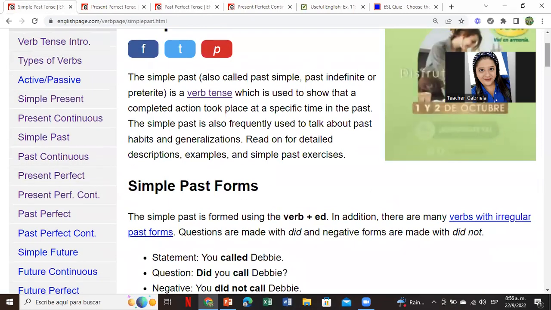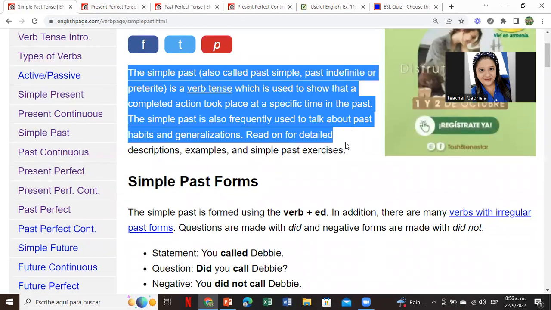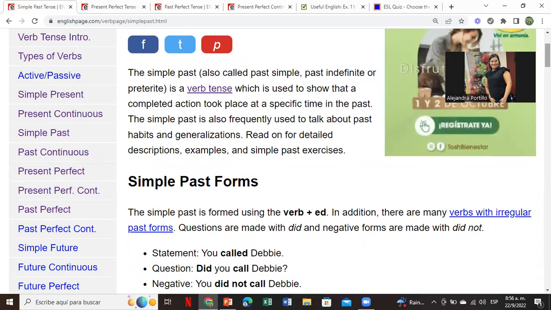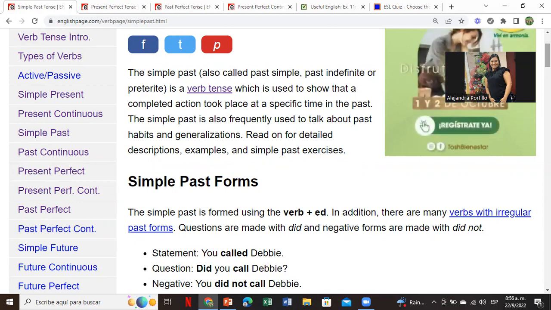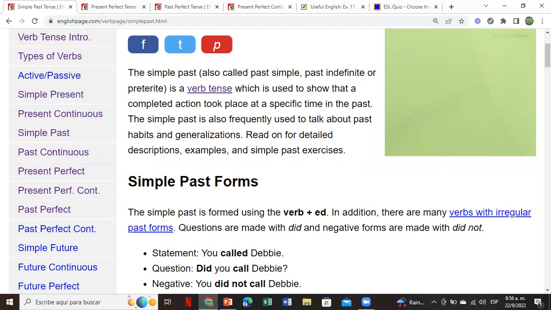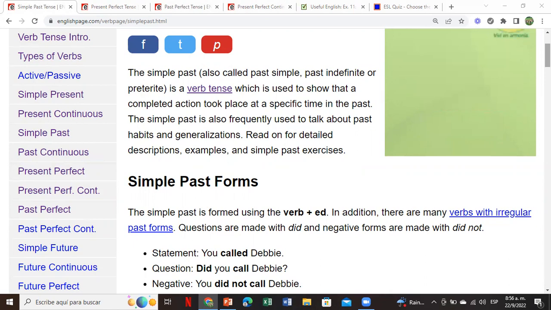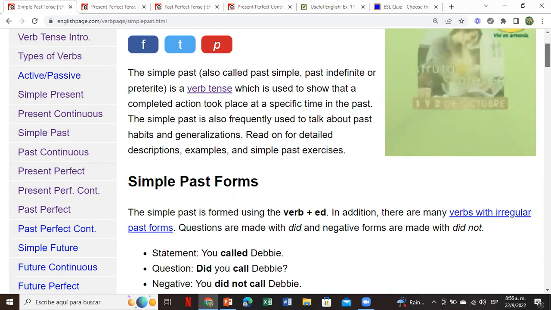I'm going to ask you, let me see. Miss Portillo, would you like to help me read the instructions, please? The simple past, also called past simple or past indefinite, is a verb tense which is used to show a completed action that took place at a specific time in the past.